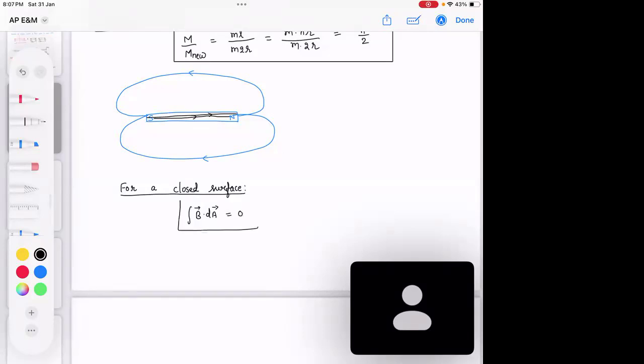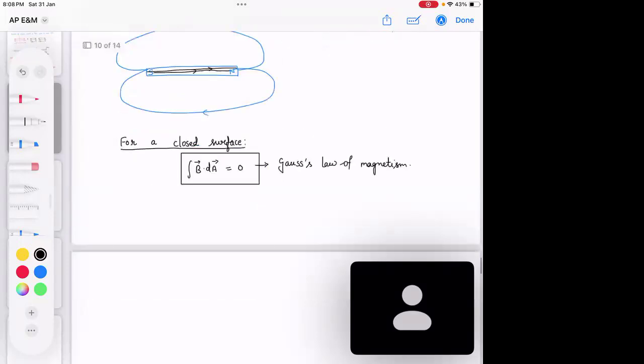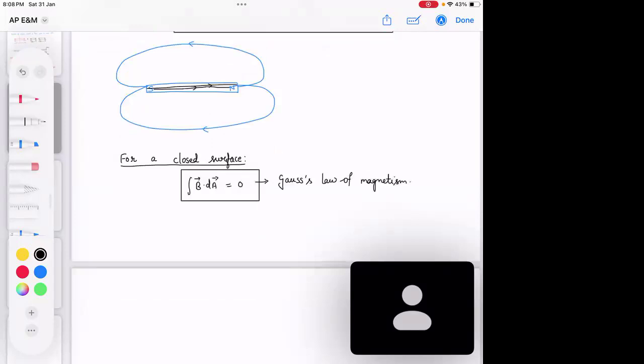And that is called the Gauss law for magnetism. Gauss law for electrostatics we have already written. As per the Gauss law of magnetism, if we have a closed surface, then the net magnetic flux through the closed surface is always going to be zero. Understood?